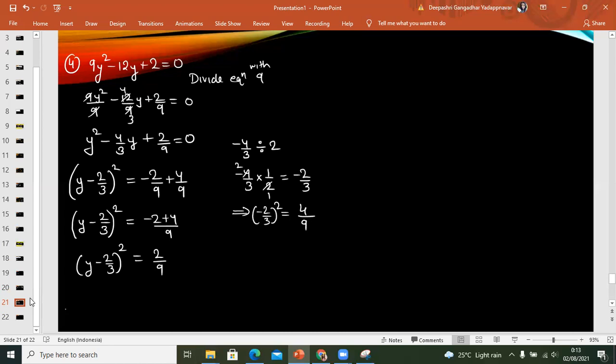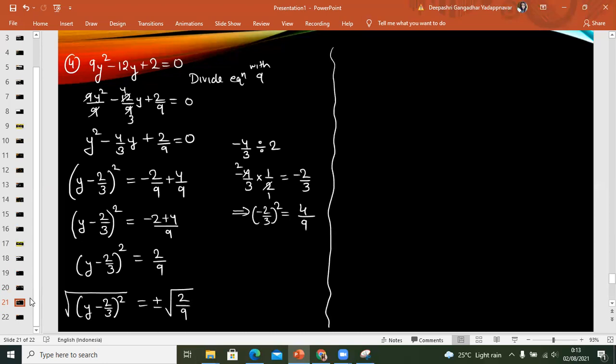Next step, write the square root sign on both sides. y minus 2 by 3 equals plus or minus square root of 2 by 9. I'll solve this here. The square root sign and the square cancel, so we will get only y minus 2 by 3.